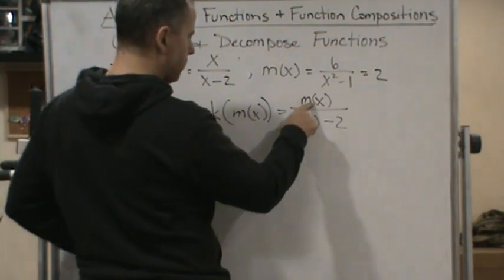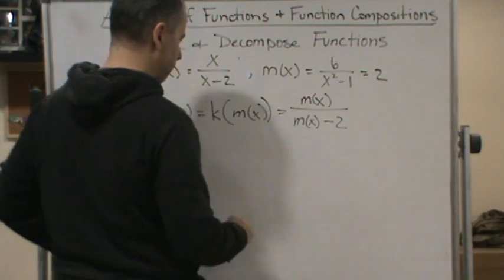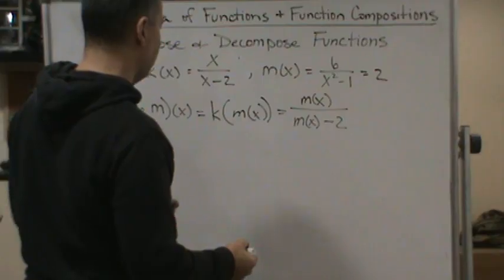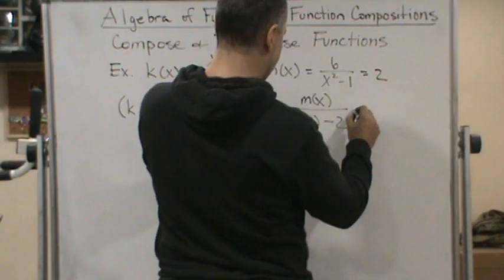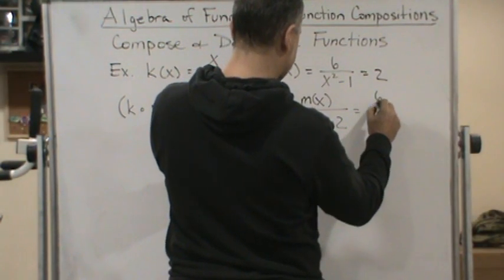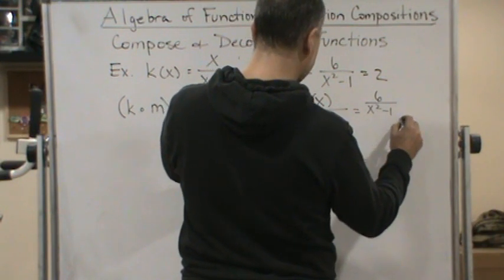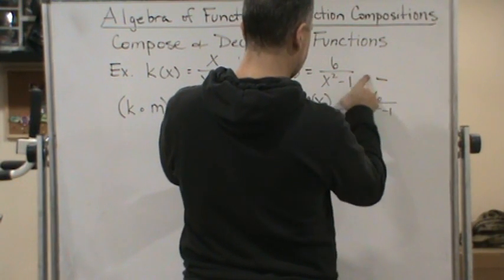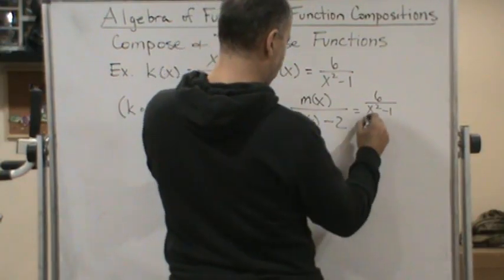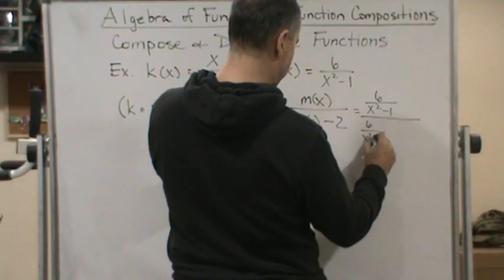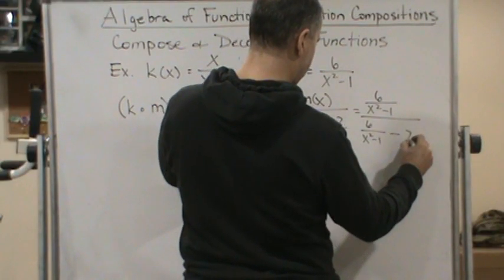Okay, now these are functions, not multiplication. Just be careful. Now I'm going to stick in m of x. This is what? 6 over x squared minus 1 divided by 6 over x squared minus 1 minus 2.